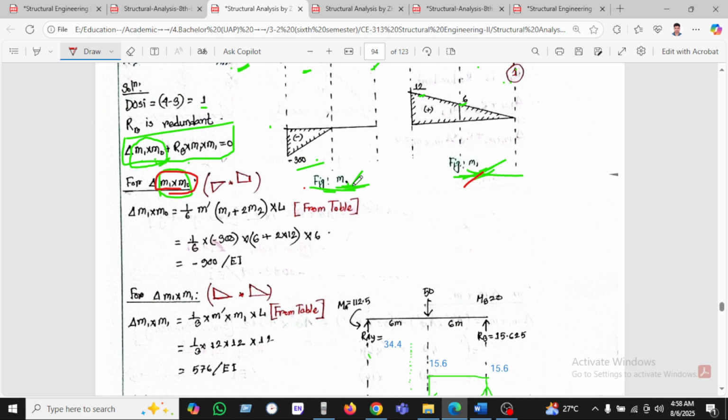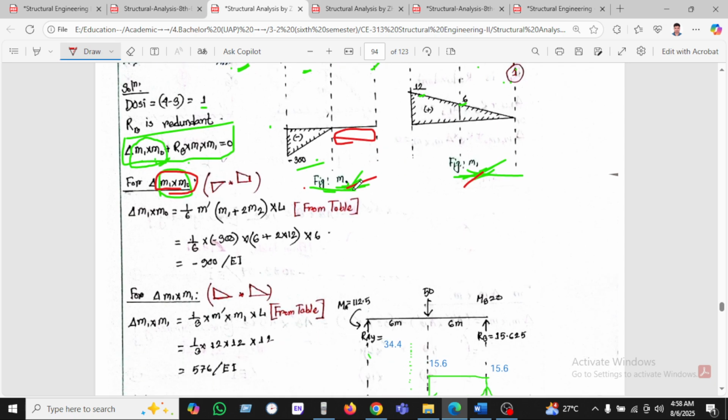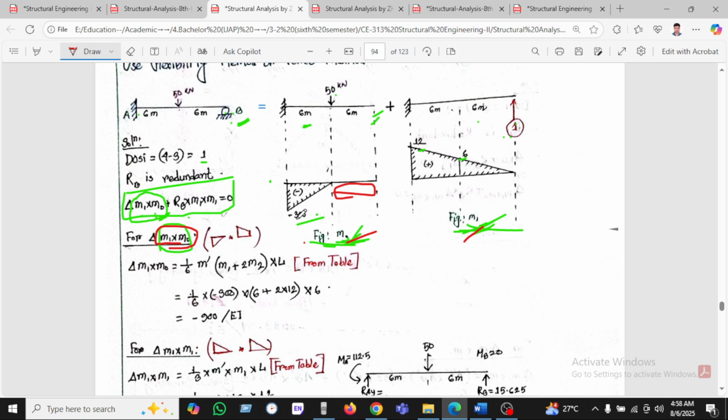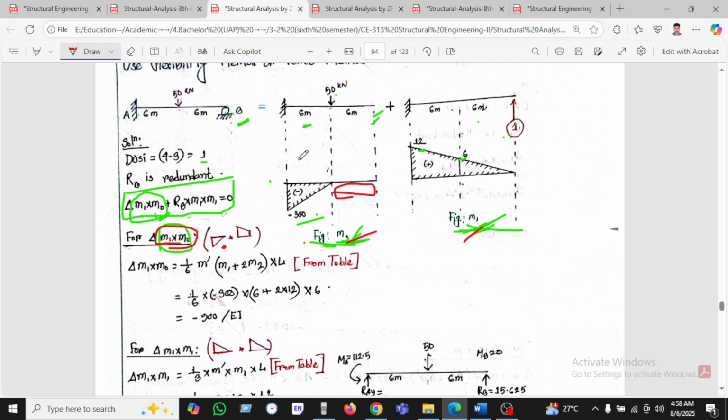In this portion there is no load, that's why 0. And another diagram we have seen here is triangular. This is the triangular, and another one. If we compare this portion, then the diagram will be like this.